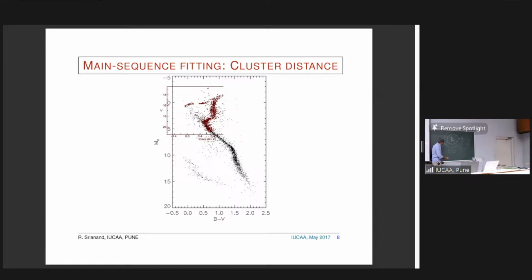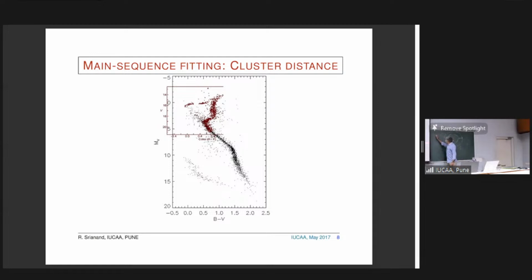So what you can do is adjust the distance, because the axis I am plotting here is what is known as magnitudes. I have not introduced them to you. Magnitude is nothing but a definition. If you know the flux of the source, magnitude and flux are related by this relation.